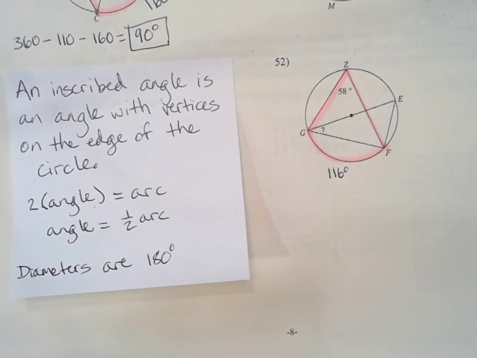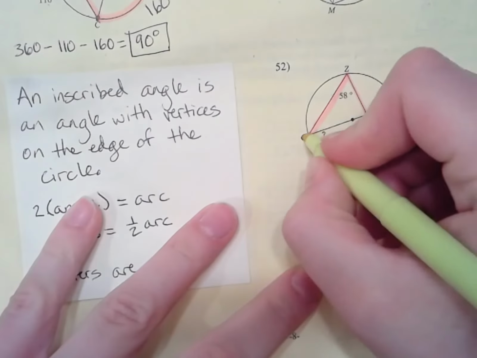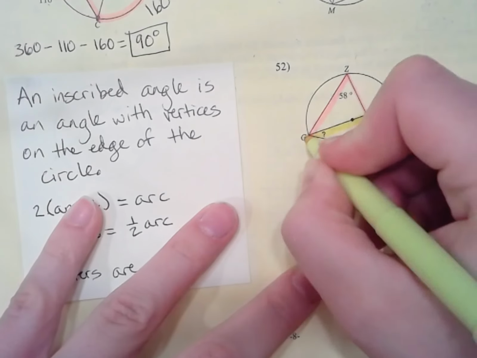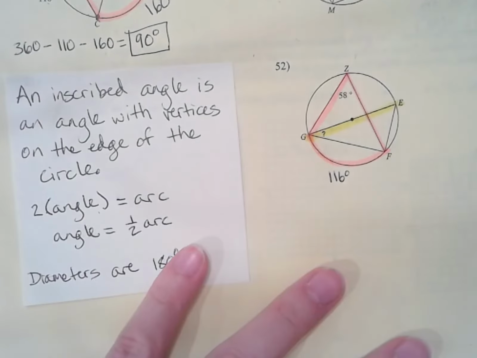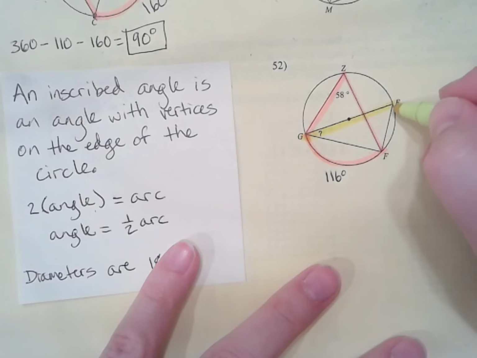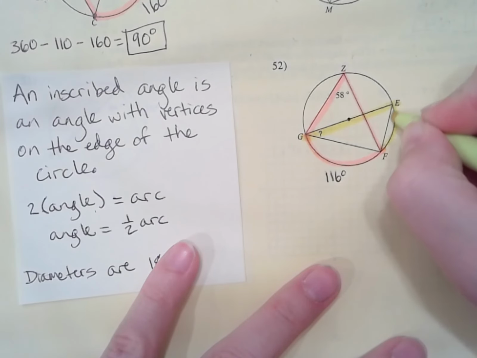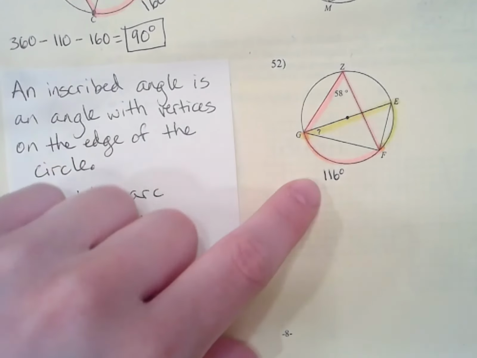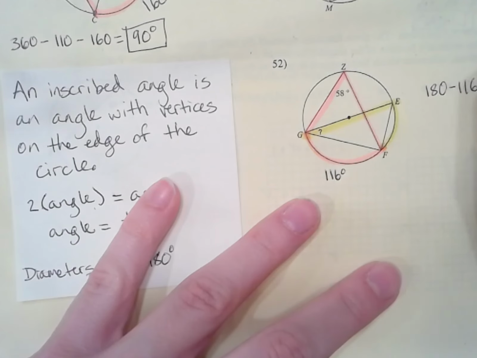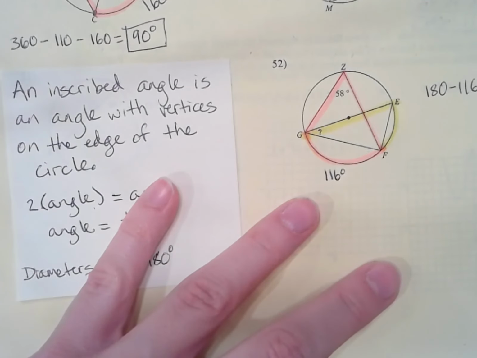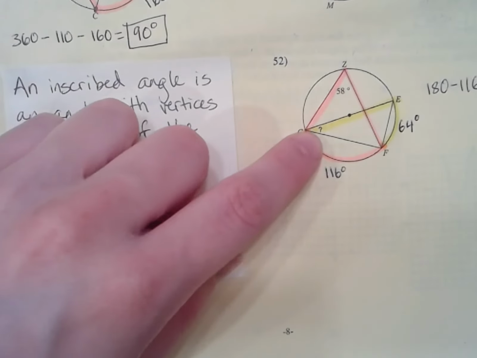Well, I also see there's a diameter right there, which means this full thing has got to be 180. So if I want to find this piece here, I'm going to do 180 minus 116, which is 64. And I'm trying to find that angle.